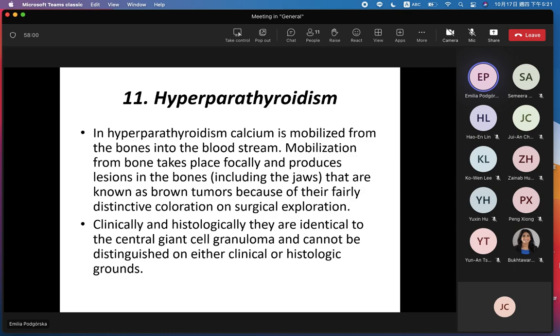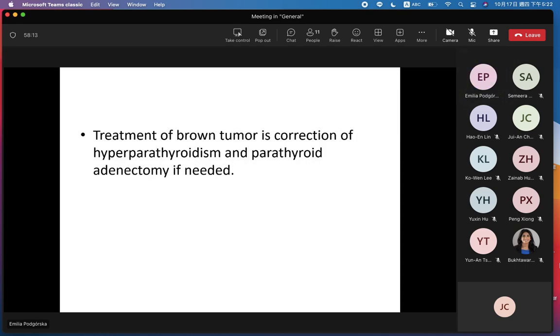Clinically and histologically, they are identical to the central giant cell granuloma and cannot be distinguished on either clinical or histologic grounds. Treatment of brown tumor is correction of hyperparathyroidism and parathyroid adenectomy if needed.